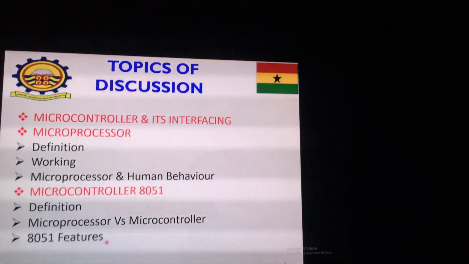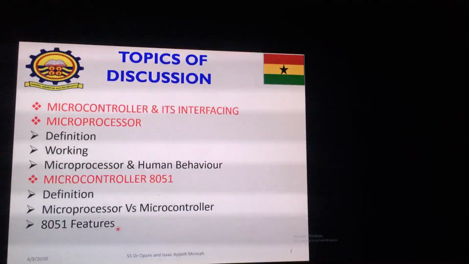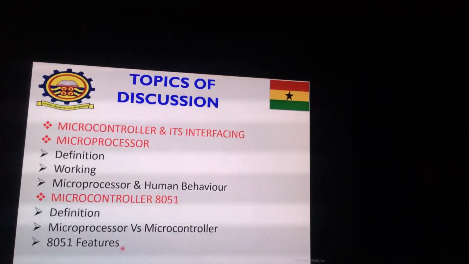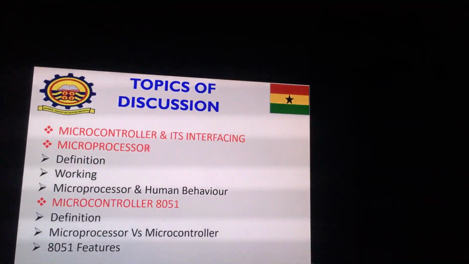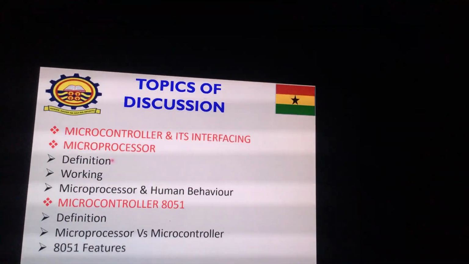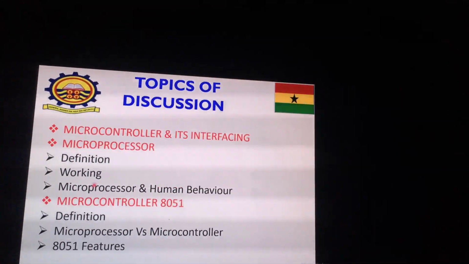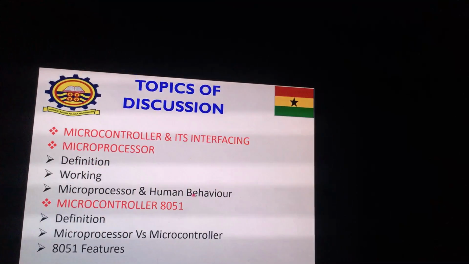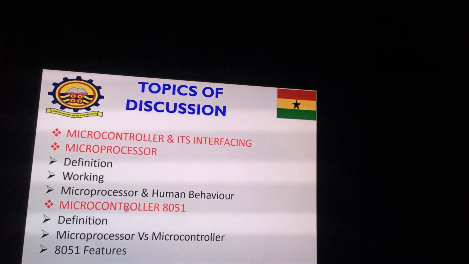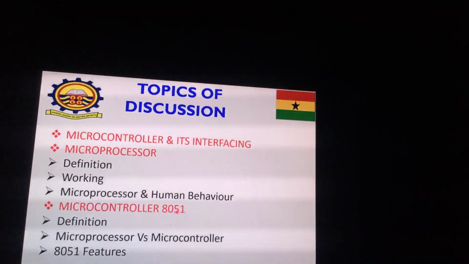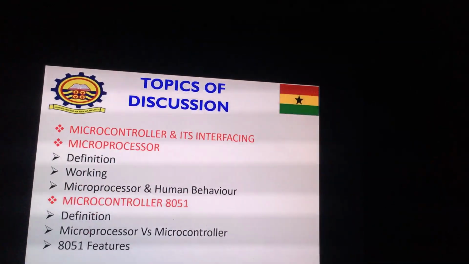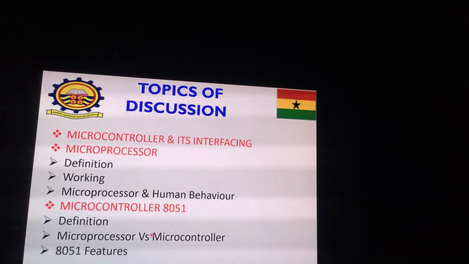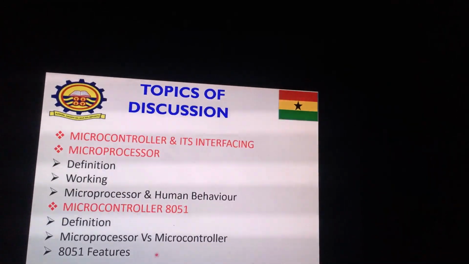Topics that we are going to discuss this semester will be microcontroller and its interfacing, meaning that we are going to look at the microcontroller itself, define it, and its working principles, then the microprocessor and its human behavior. Then we'll come to the microcontroller 8051. We also define that, look at its processor, which is the microprocessor versus the microcontroller.